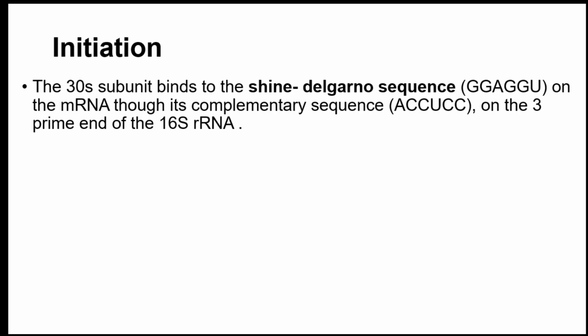At the end of the day, all these processes take place because we need to get proteins, which are very key to the survival of the bacteria in different ways. In this video, you're expected to learn and memorize the different steps which take place during translation in the protein synthesis pathway.